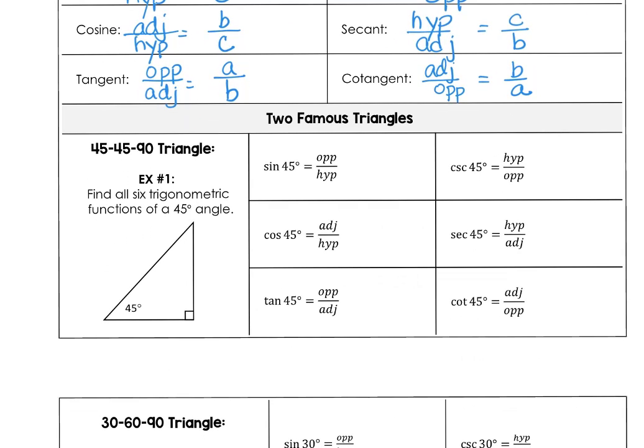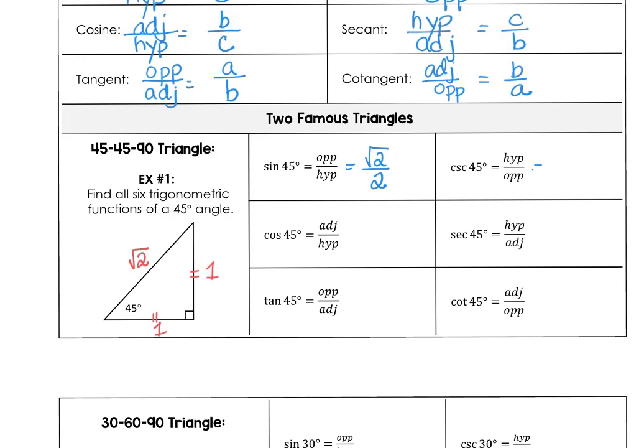In our two famous triangles that we saw before, we had created the relationship where this side is 1 and this side is 1, so the hypotenuse would be square root of 2. And when you simplify and rationalize the denominator, opposite divided by hypotenuse would be square root of 2 divided by 2.